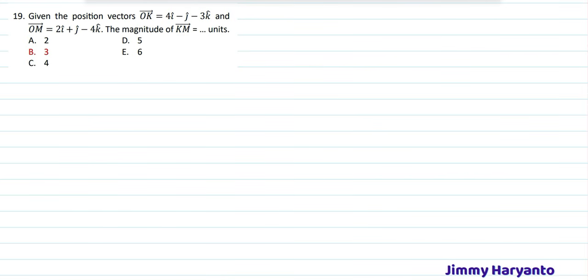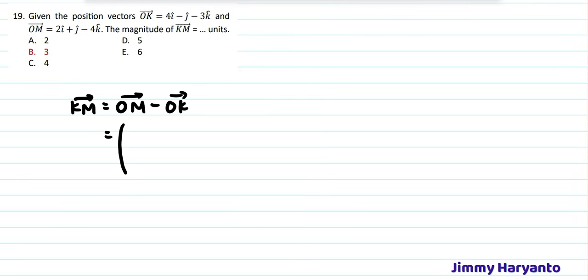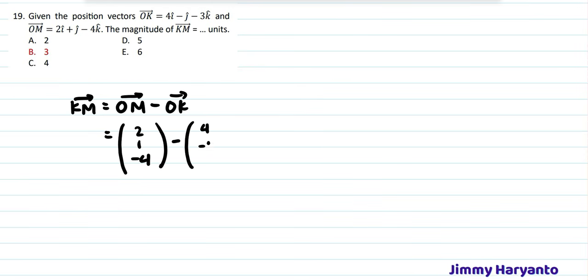Next is question 19. For question 19, the question wants you to find the vector of KM. KM is OM minus OK, the formula of position vectors. OM is 2, 1, negative 4. And then OK is 4, negative 1, negative 3. And then you minus it, you have negative 2, 2, and negative 1.